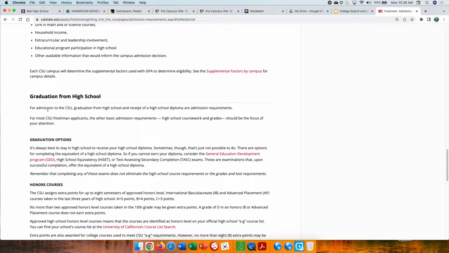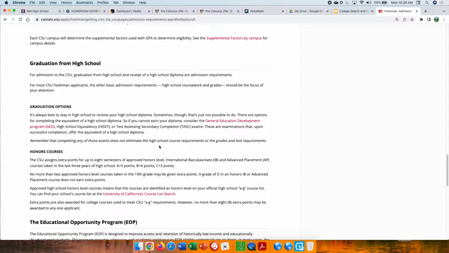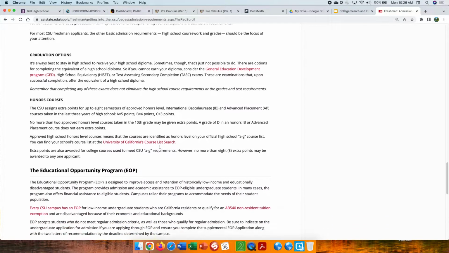Can anybody just walk off the streets and apply to a CSU that didn't graduate from high school? No. See, it says right here: for admission to a Cal State University, graduation from high school and receipt of a high school diploma are admission requirements. Okay, we don't need to know that. Honors courses.